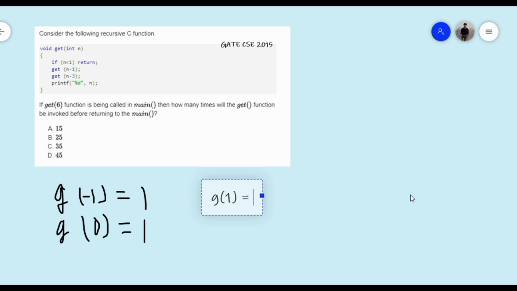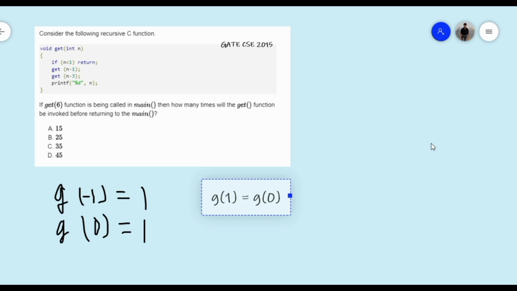For g of 1, 1 is less than 1, the condition will be false, so we go here to n minus 1. 1 minus 1 will be g of 0.